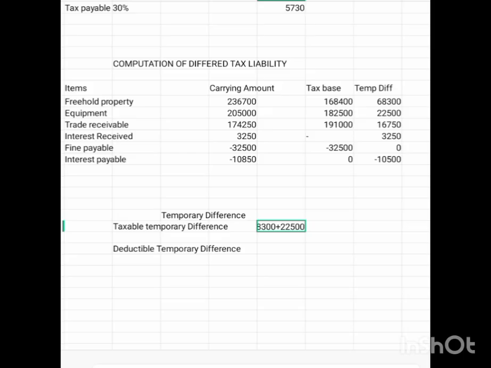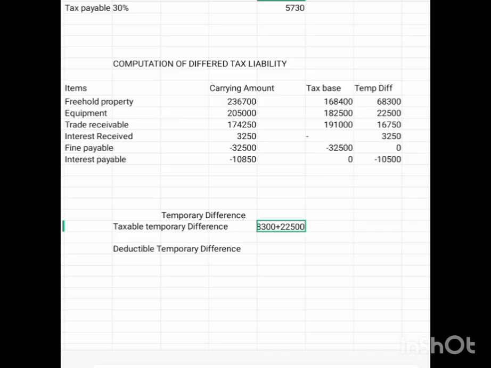Don't forget, we say that they are taxable temporary differences because the carrying amount is greater than the tax base. Trade receivable is deductible because the tax base is greater than the carrying amount, and then the interest received is taxable. Are you getting me?